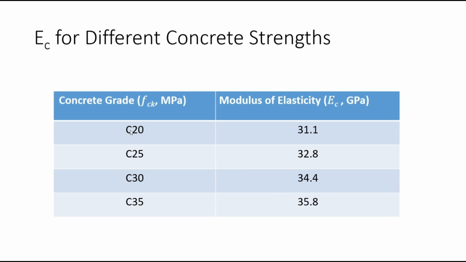For example, for C20 grade of concrete, we have a modulus of elasticity of 31.1 gigapascals. As we move down to C35, the concrete modulus of elasticity also goes up. For C35, we have a modulus of elasticity of 35.8 gigapascals.